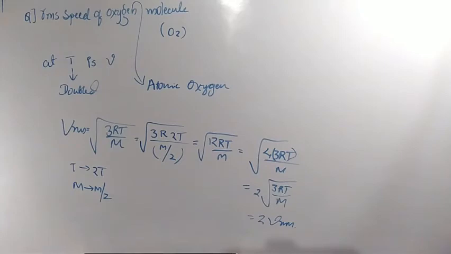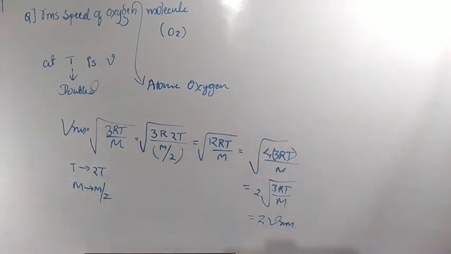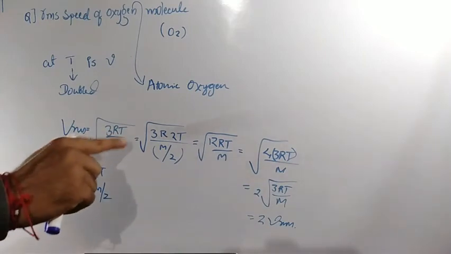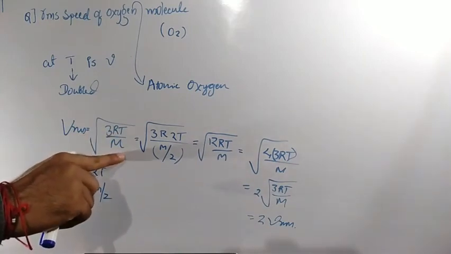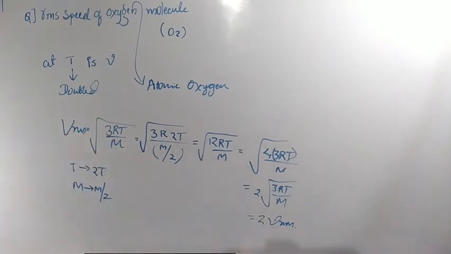That they are asking. So VRMS is equal to the root of 3RT by M. Already we know this formula; a number of times we have written it. 3PV by M, where PV is equal to nRT, so for 1 mole of gas, 3RT divided by M. And next, here we substitute the values: 3R, and the temperature becomes 2 times the temperature.